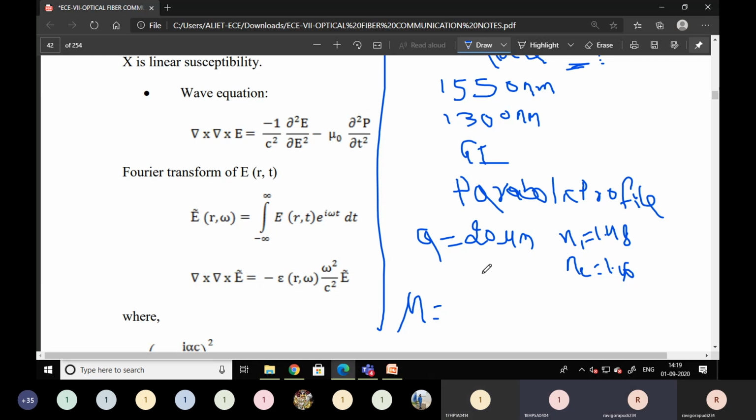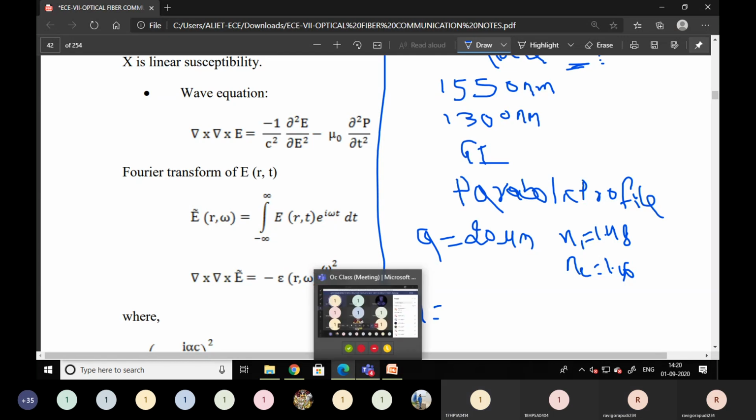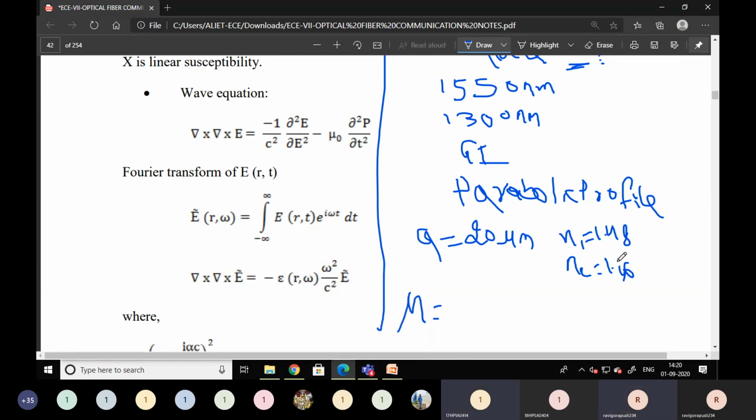Number 2, LE2. Is it audible, LE2? Tell me the formula for this one. V square by 2.